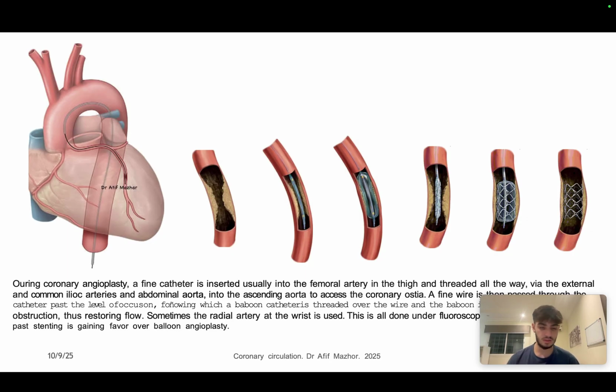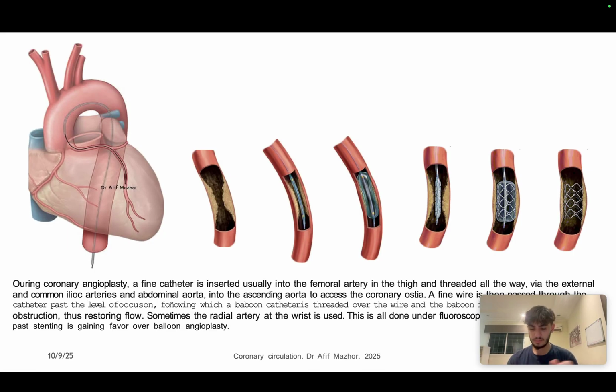We innervate it through either the femoral or the radial, as we mentioned earlier for the angiography, because they're the easier ones to go to the pathway. And once we reach the blocking of the pathway, we'll have a balloon in this catheter which is going to open and expand. It's going to remove the cholesterol that's blocking the pathway.